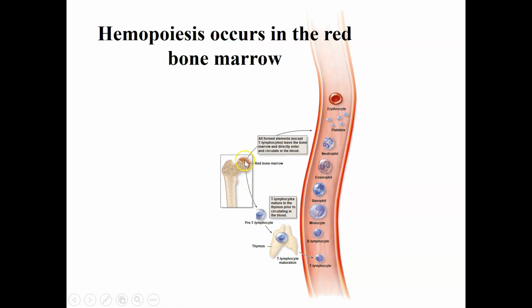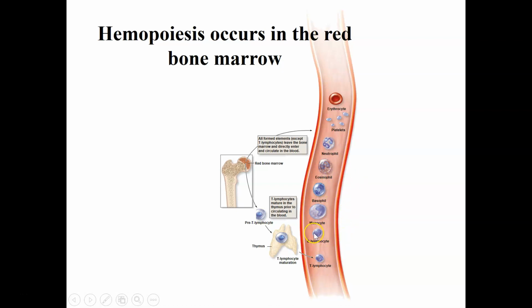Red bone marrow occupying the spaces in the spongy bone. And it's able to make all of these formed elements, including the red blood cells and the platelets, but we're going to focus in on these. These are the leukocytes. Some of them are the granulocytes: neutrophil, eosinophil, and basophil. Some of them are the agranulocytes: monocytes and lymphocytes.